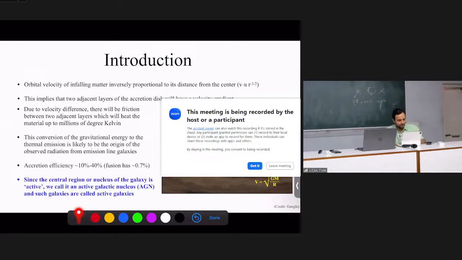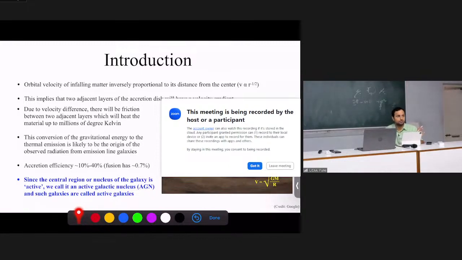Since the central region or nucleus of the galaxy is active, it's emitting lots of radiation. Active means emitting lots of radiation. That's why we call such a central region an active galactic nucleus, or AGN, and such galaxies are called active galaxies.